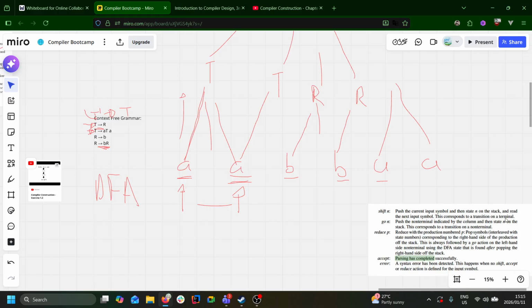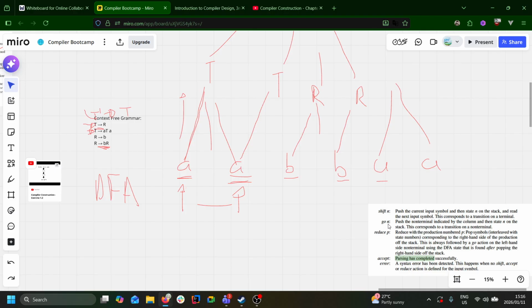This corresponds to a transition on terminal. So this is the same as picking, okay, you're done with this, move on to the next state as well. So the way I'm explaining it is high level, like how you would see it if you were to visualize it. But we are making use of a stack and the DFA.